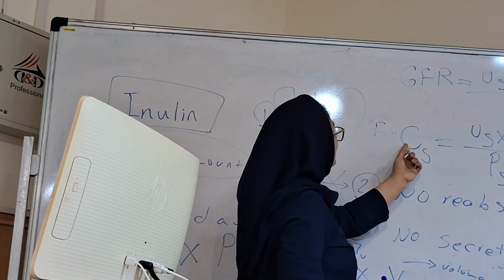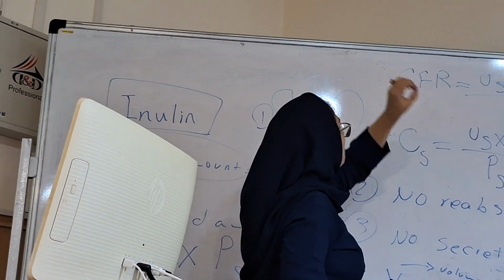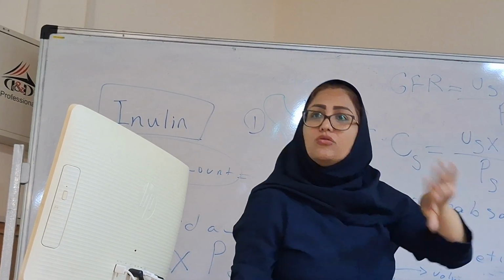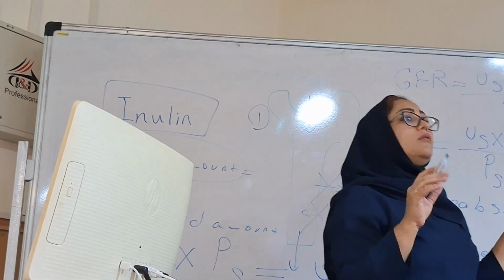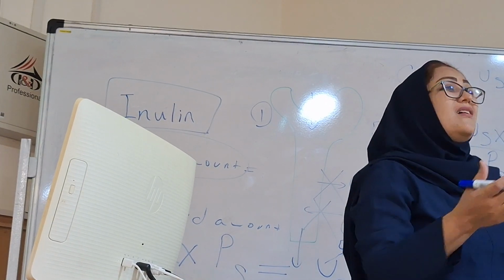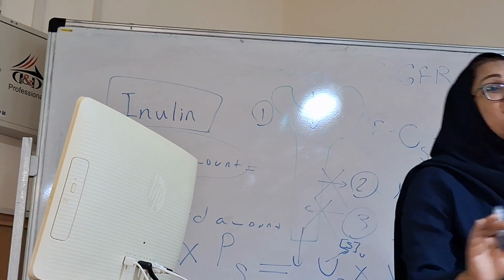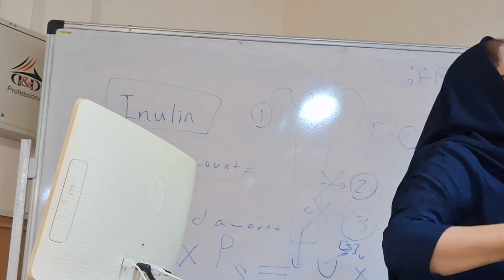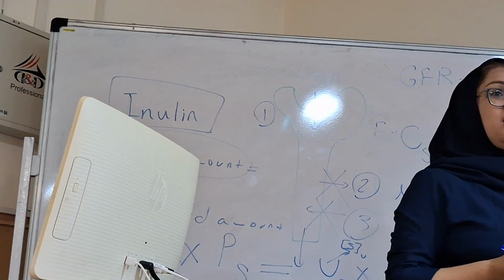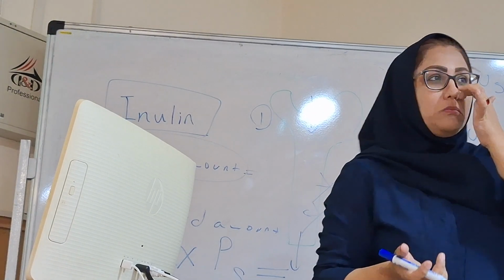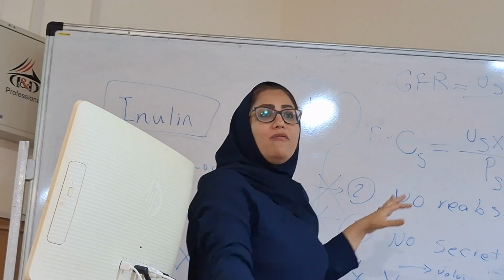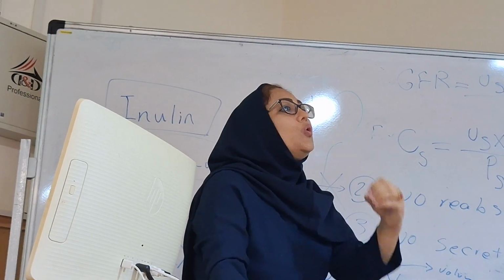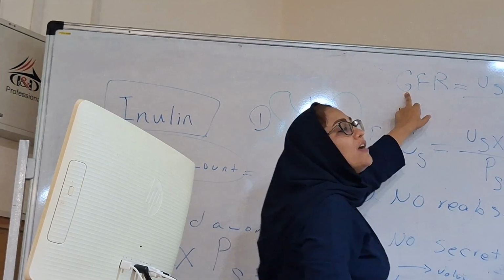For inulin, clearance is completely the same as GFR. A big problem is that the person must be hospitalized and have a constant infusion of inulin, and it is very difficult. In these people, we use clearance of creatinine to estimate GFR.